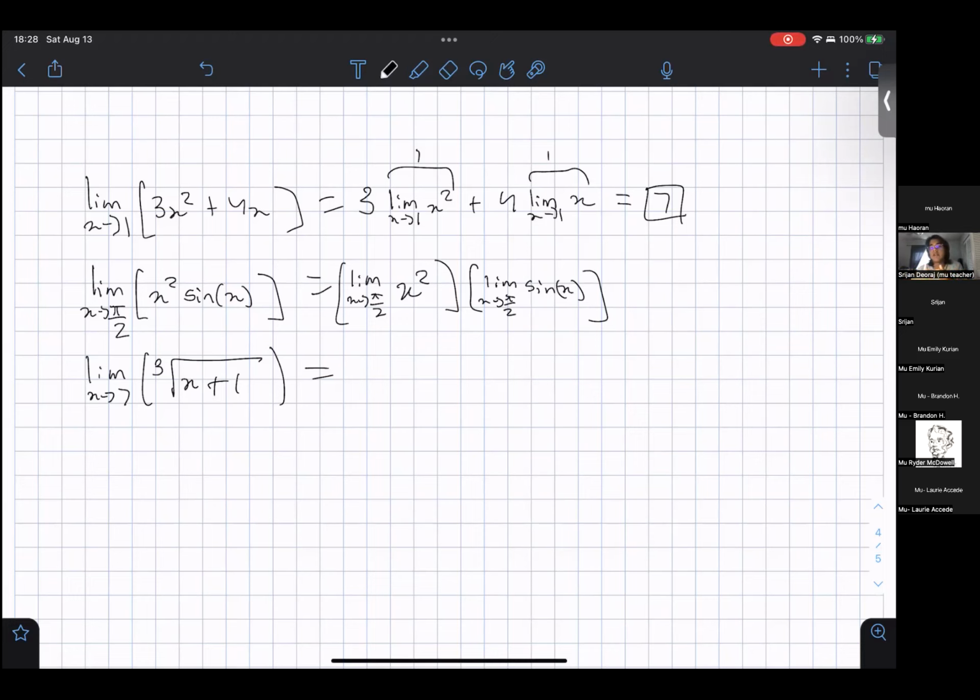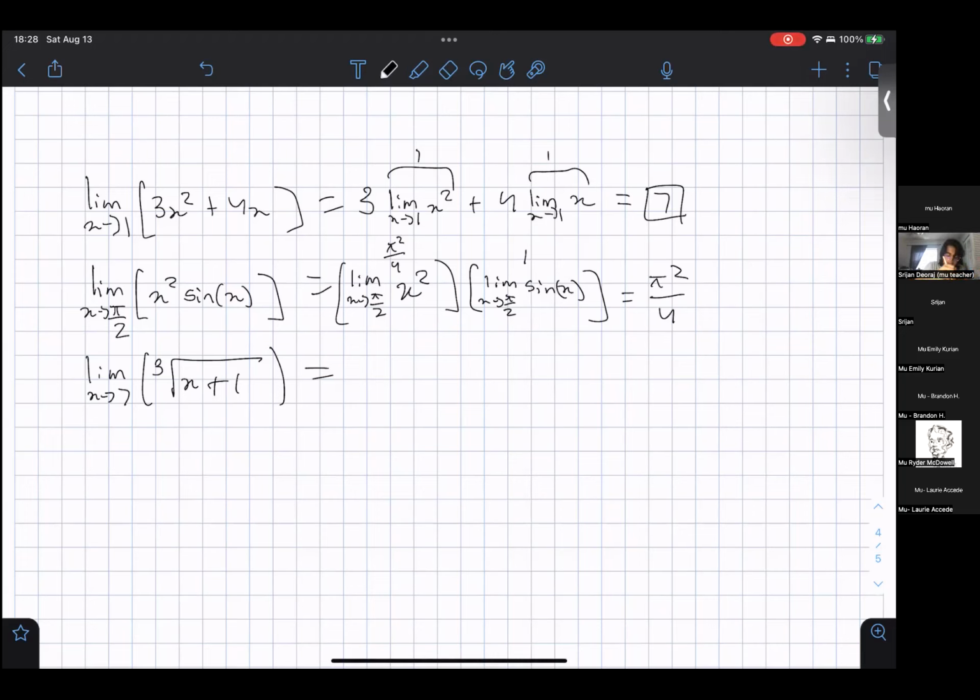What happens is when it starts to get discontinuous and indeterminate forms that we have to use more advanced techniques. So right now this might seem really trivial, we're just plugging in values into a function, but I promise it gets more interesting. So here, pi over 2 squared is pi squared over 4 times sine of pi over 2, which is 1. This is equal to pi squared over 4.